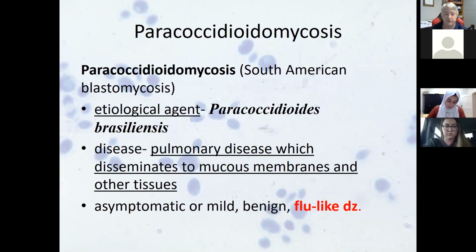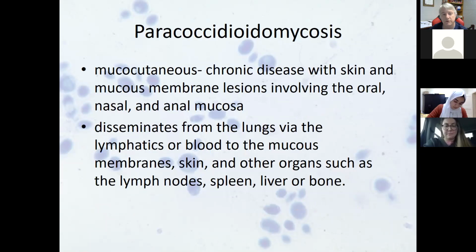Flu-like disease, asymptomatic or mild, flu-like. Mucocutaneous, chronic disease with skin and mucous membrane involvement, including oral, nasal, and anal mucosa. It disseminates from the lungs through the lymphatics or blood to the mucous membrane, skin, and other organs, such as lymph nodes, spleen, liver, or bone.